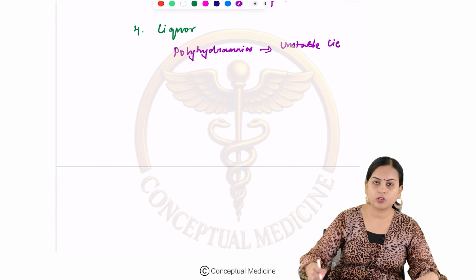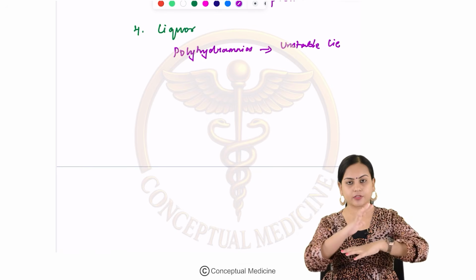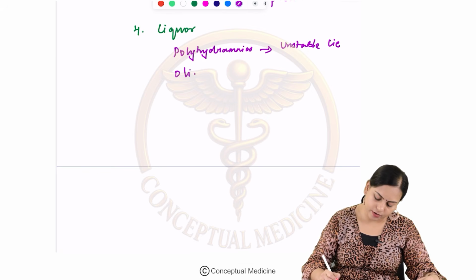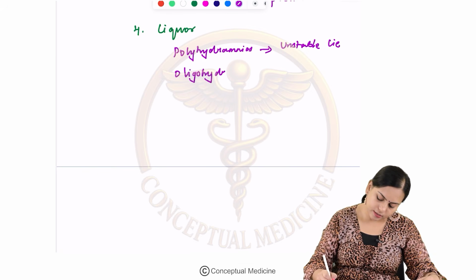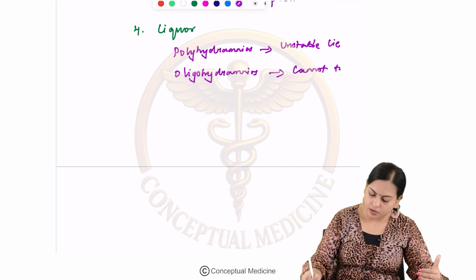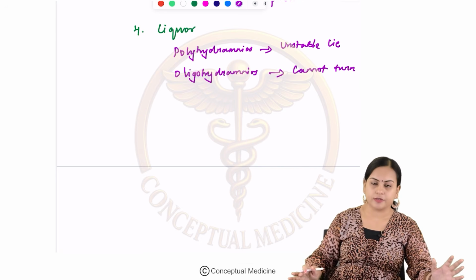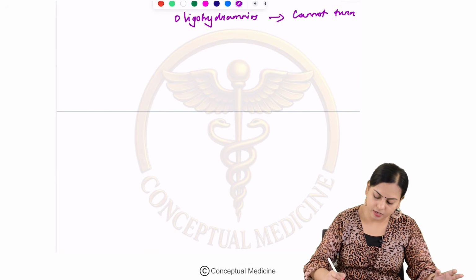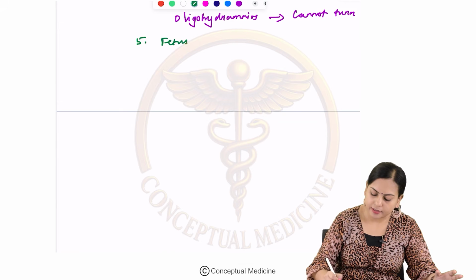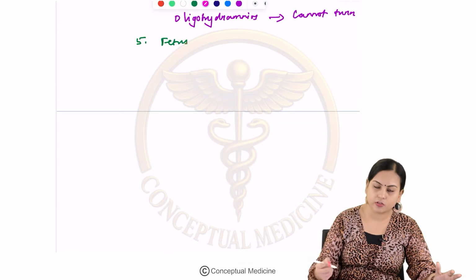The baby has a lot of space because of the increased liquor, so it will keep on rotating. And in oligohydramnios, it doesn't have space to turn. Clear?